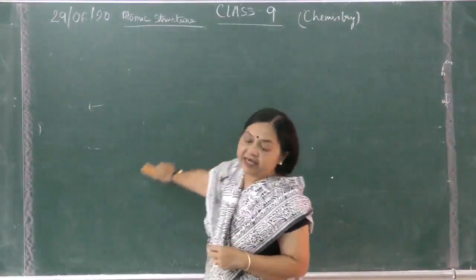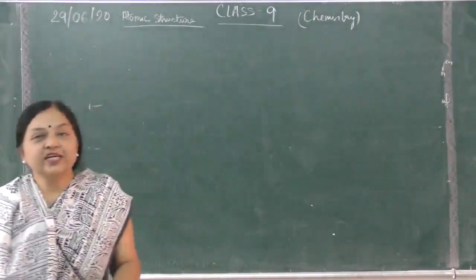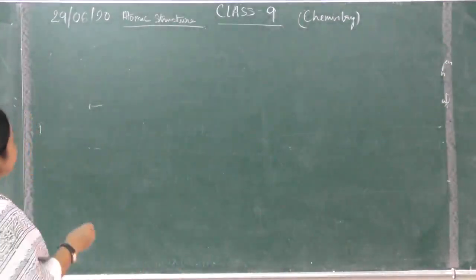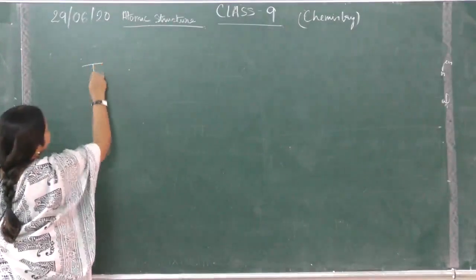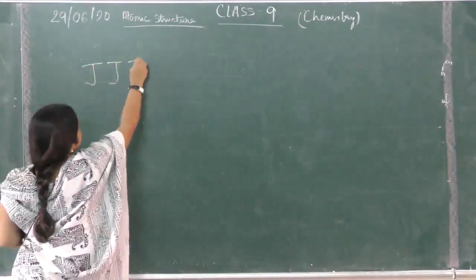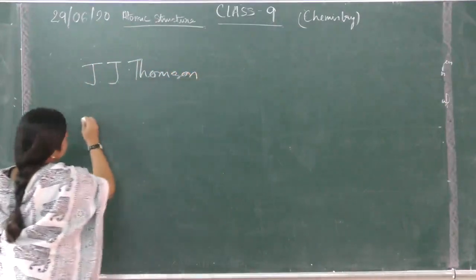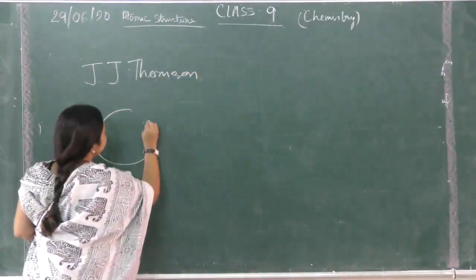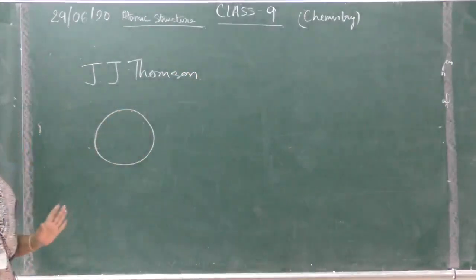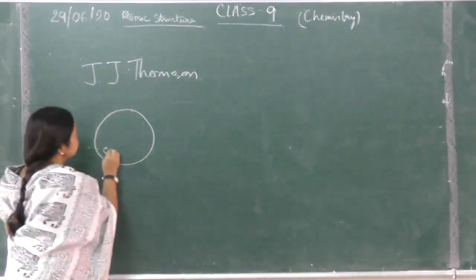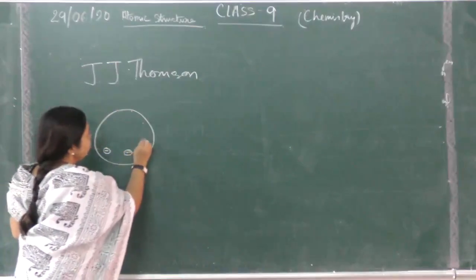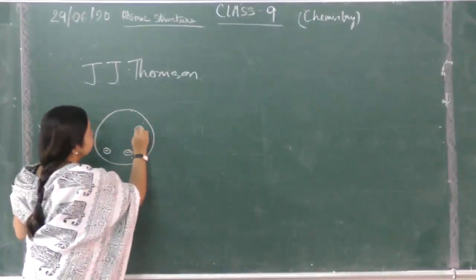When your mother bakes a cake or makes a pudding, you see the dry fruits on top of it. So J.J. Thomson's model of plum pudding says that it is a sea of protons with electrons embedded like plums in a pudding.